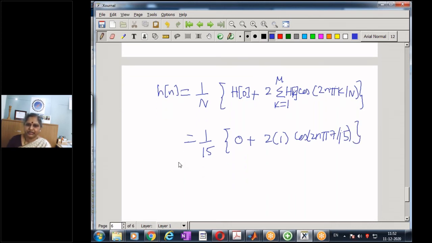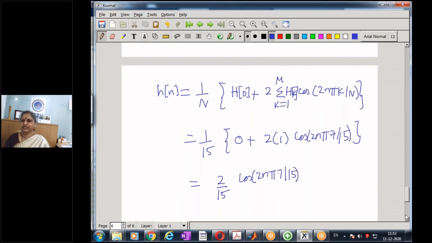And this is what we have. So this becomes very simple to compute. So it reduces to 2 by 15 cos 2 pi n 7 by 15.